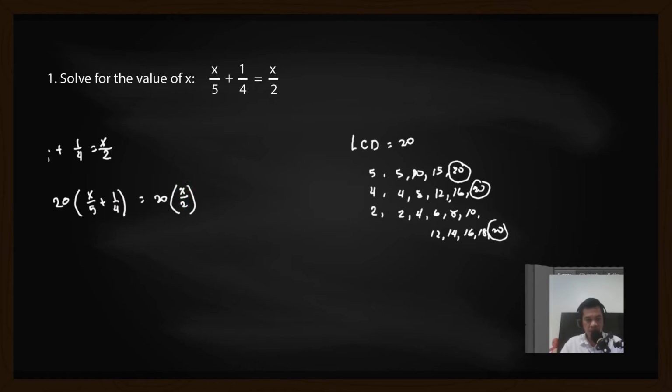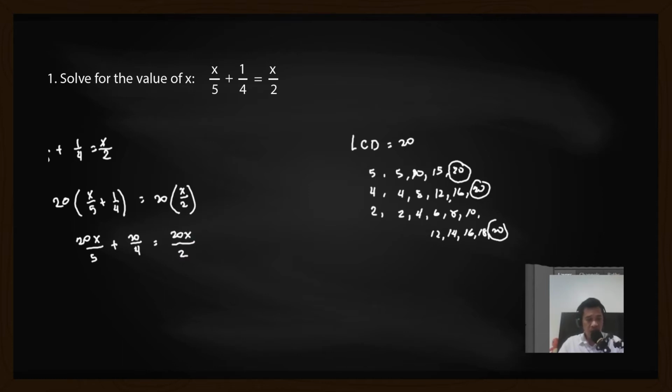And then we're going to simplify this one by simply distribute this 20 to each of the terms. So we have now 20x over 5 plus, so 20 times 1 we have 20 over 4, and then 20 times x, we have 20x over 2.